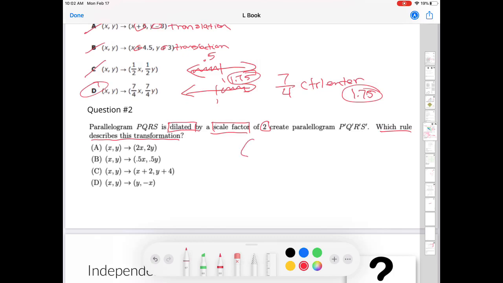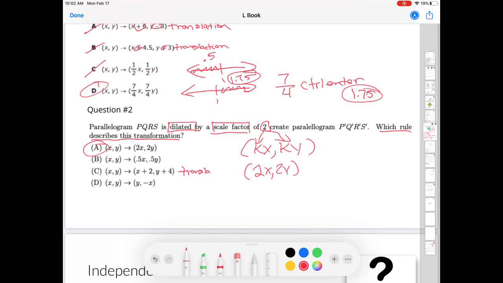Writing out again, kx, ky. We're going to substitute the 2 for the k, so 2x, 2y. When we look at all our answers, the only one that will match is A. I even want you, when you take your test, to look at each answer choice and write next to each one what you see.